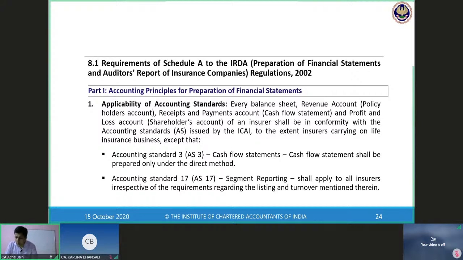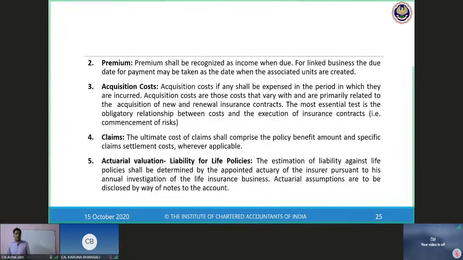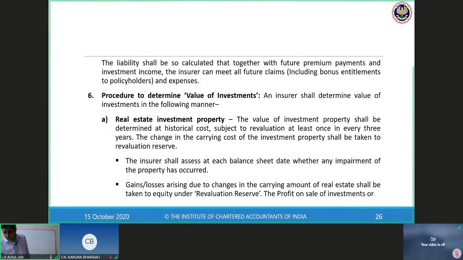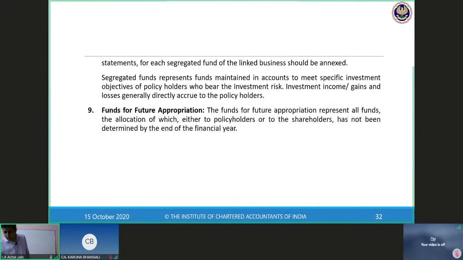AS17, that is about segment reporting, shall apply to all insurers irrespective of the requirements regarding listing and turnover mentioned therein. And then we can look at various components in the financial statements, which could be about premium, claims, liability for policies. We'll come to all of these points later, because all of these are nothing but the components.